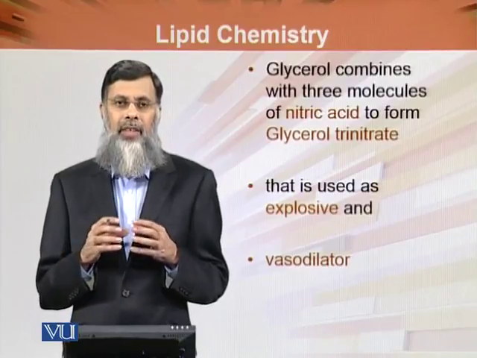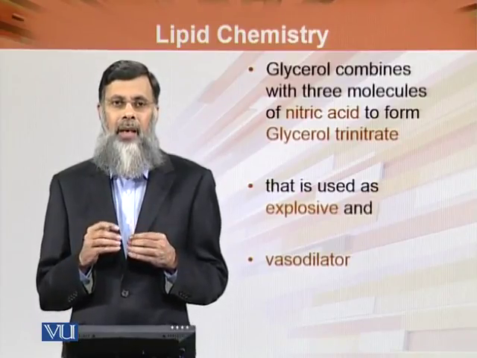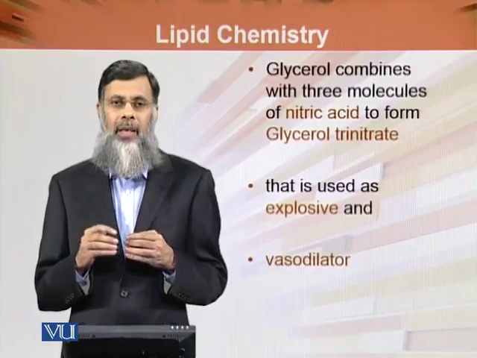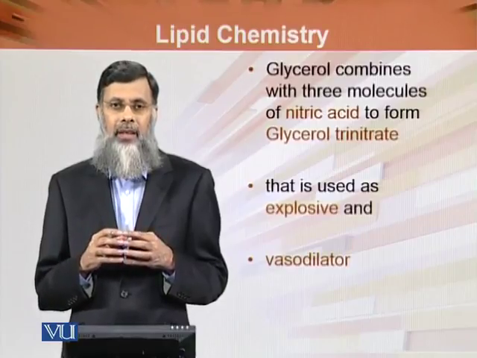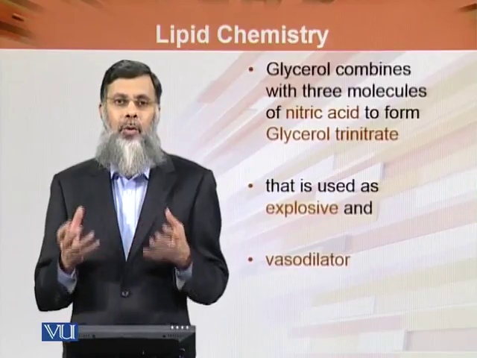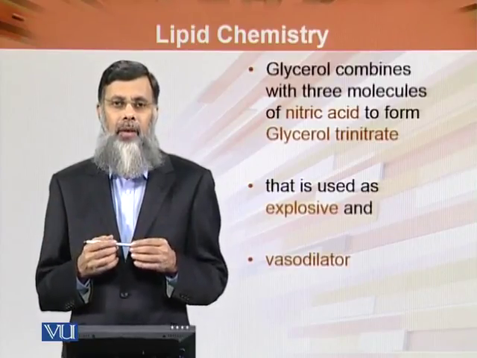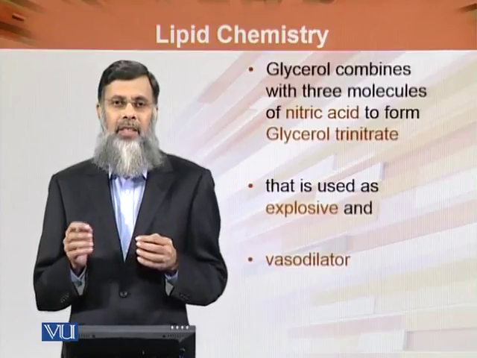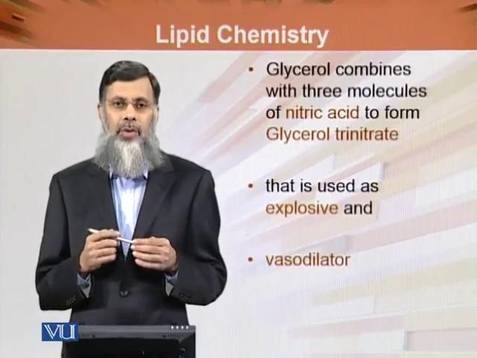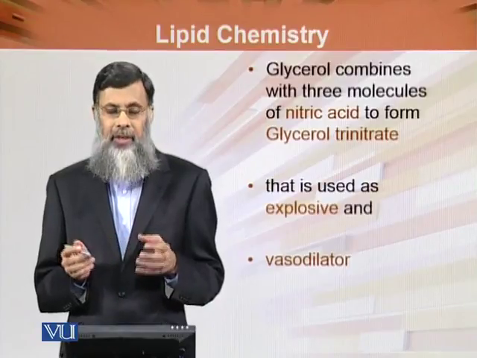The difference between a poison and a drug or a medicine is the dose. If we collect it in a very large dose and burn it, it will cause an explosion. But its smaller doses are used as a vasodilator.